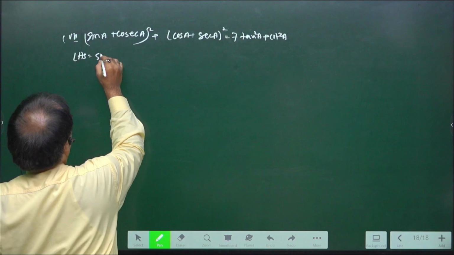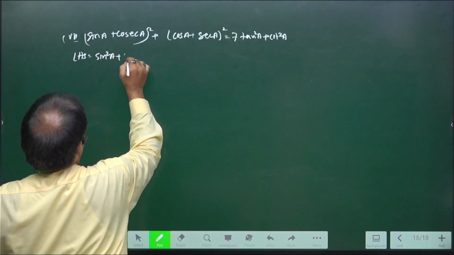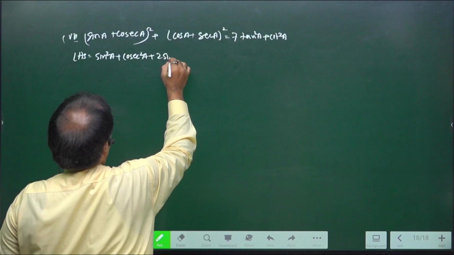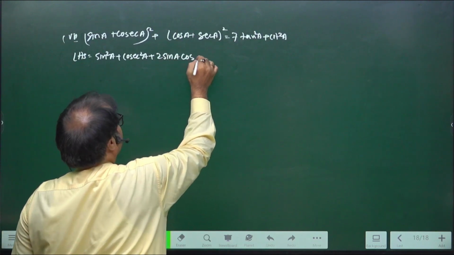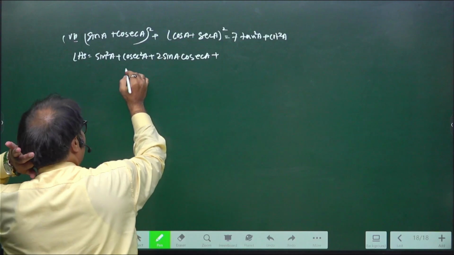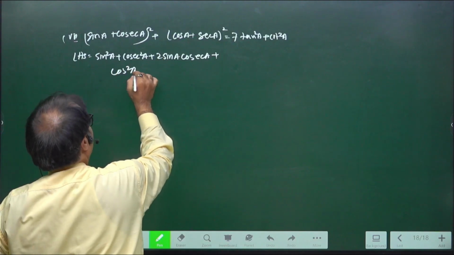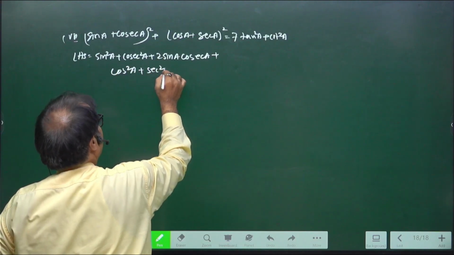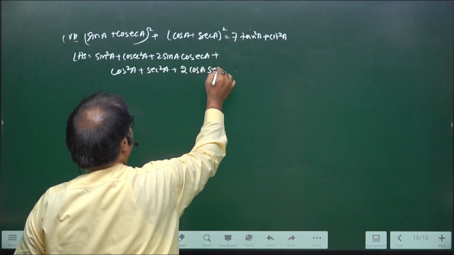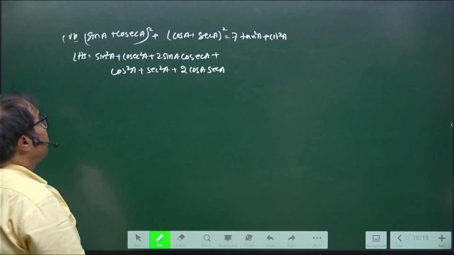So this is A square plus B square and plus 2AB, 2 sin A into cosecant A, and this side, cos² A plus sec² A and plus 2AB, 2 cos A into sec A, right?